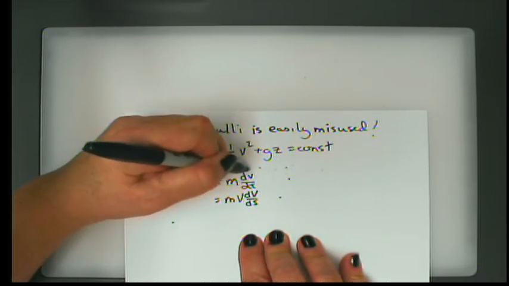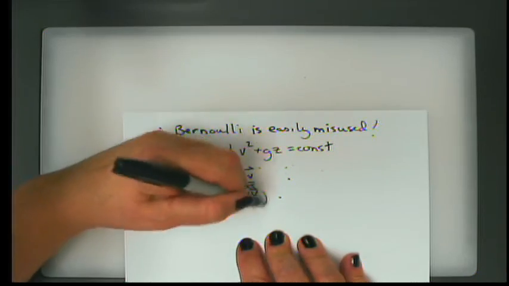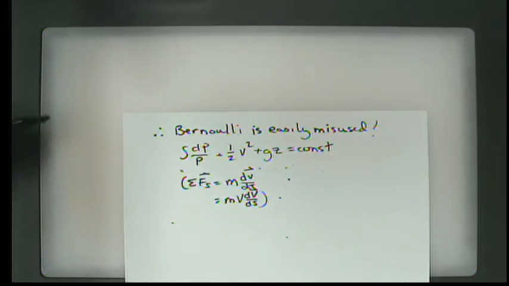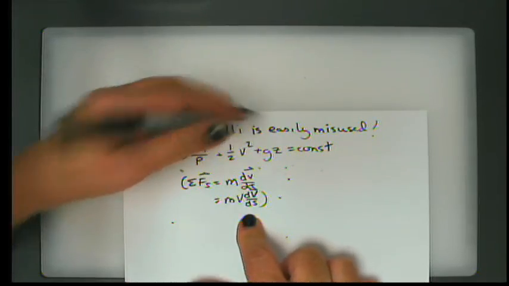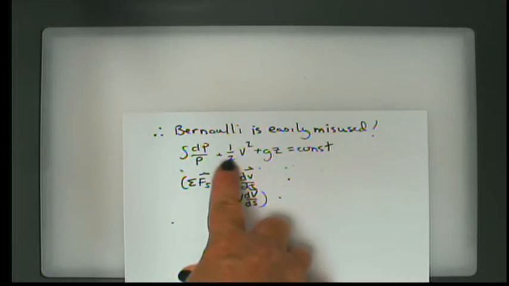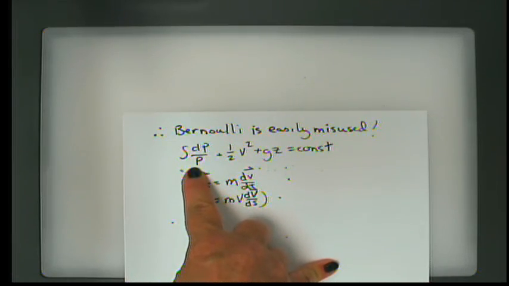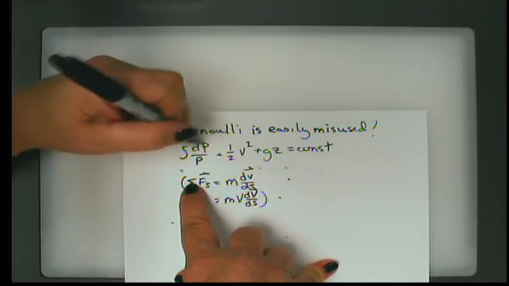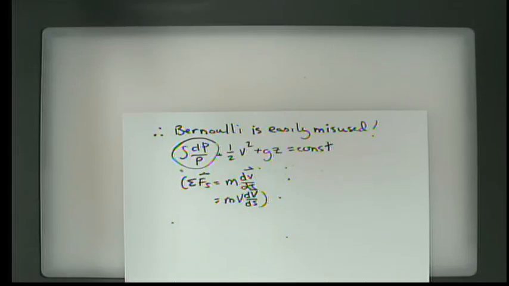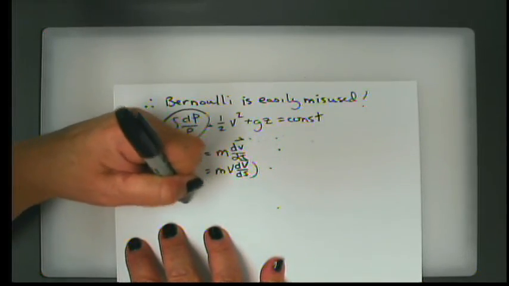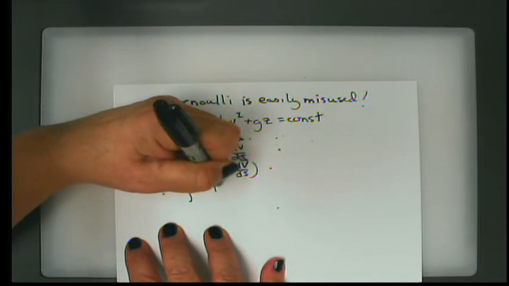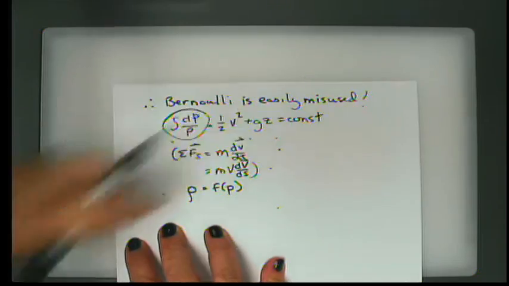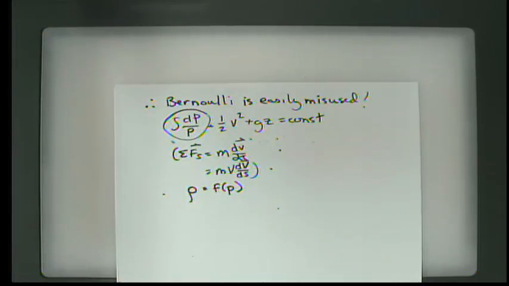So in other words, we start with Newton's second law. So we always have to remember, especially the fact that we have an integral here. So if we have a situation where we are not incompressible, where we have to take into account the compressibility effects, then we have to execute this integral. So that means that we would have to have rho as a function of p in order to appropriately use the Bernoulli equation.